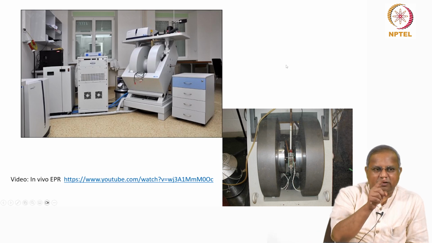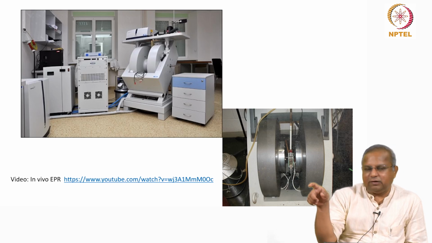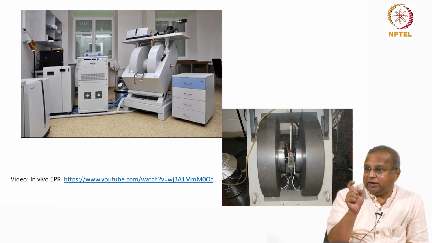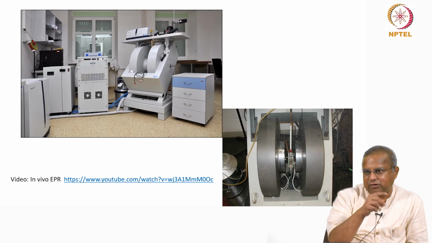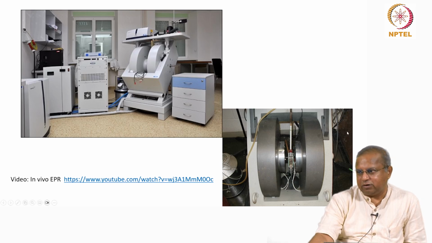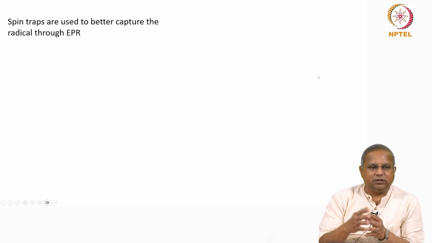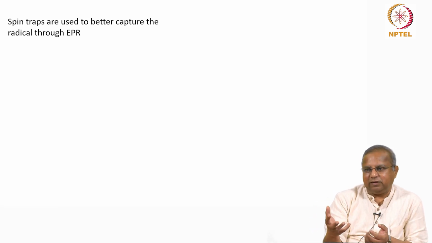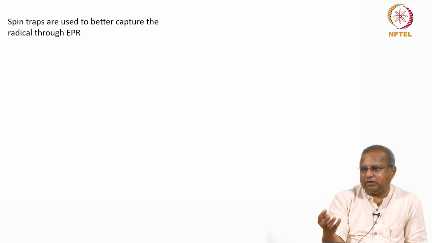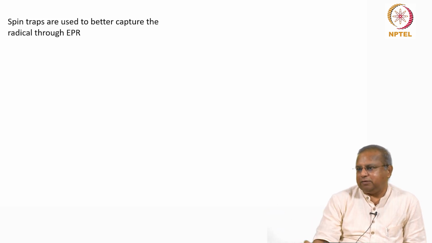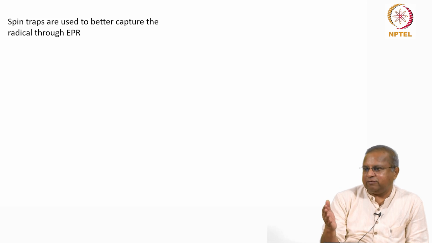The earlier 1:2:1 spectrum, I said it's for hydroxyl. Okay, that's for native hydroxyl. It was quite easy to see interaction between a proton and an electron. Many a time we use something called a spin trap to capture the reactive species and measure it after some time. It's essentially like freezing the reaction at that point in time and then measuring it later, because these things change fast, right?